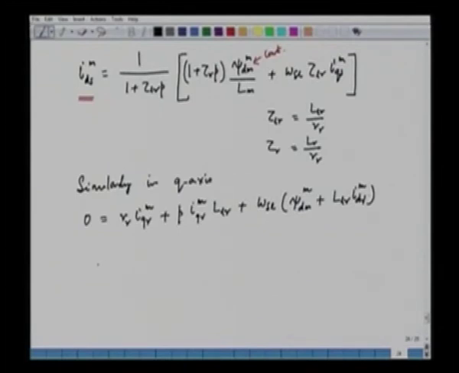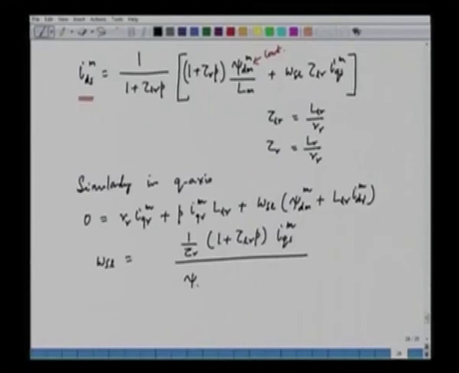From this we can obtain the expression for the slip speed, that is equal to 1 by tau R into (1 plus tau LR P) IQSM divided by (psi dm by Lm minus tau LR by tau R into IDSM).